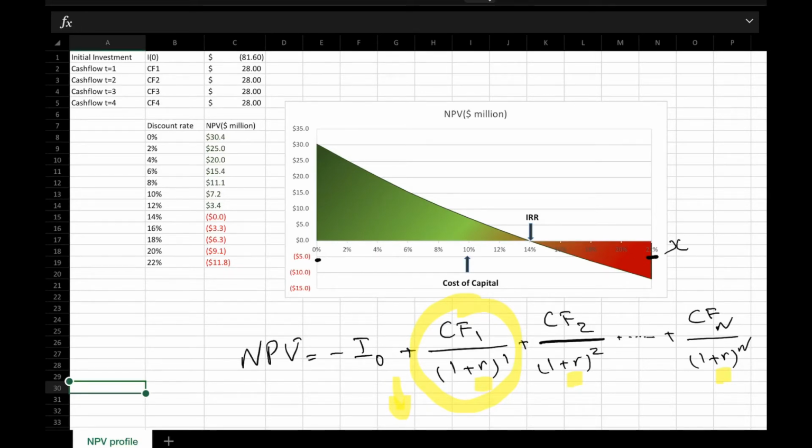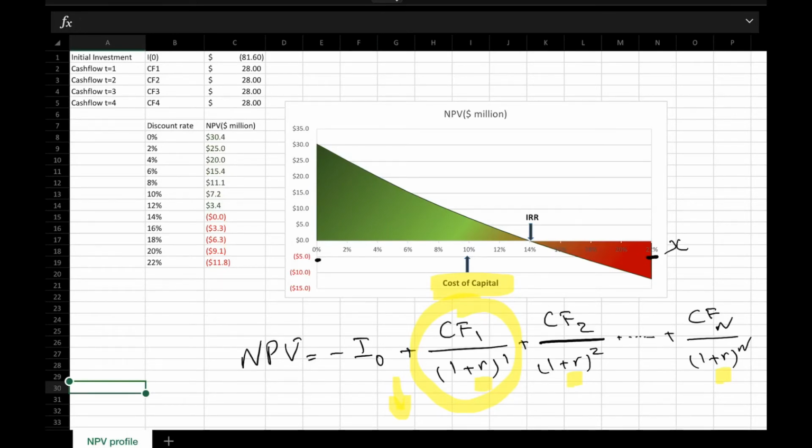So, in summary, changing the discount rate changes the NPV, and it's a good idea to create the NPV profile if you're not very sure about the cost of capital or the appropriate discount rate to calculate the present value of cash flows.